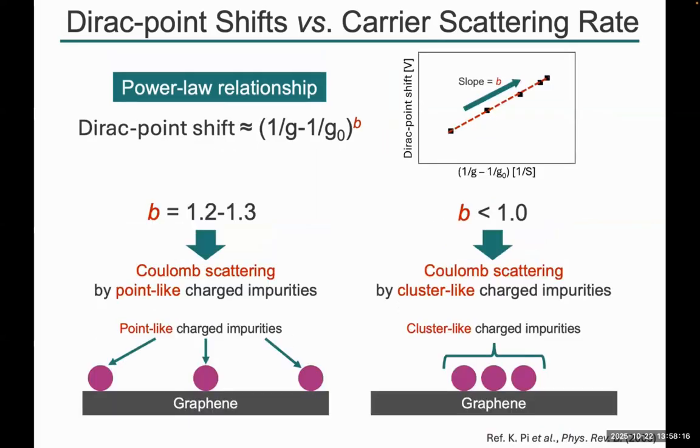According to previous studies, when B is equal to 1.2 or 1.3, it is defined as Coulomb scattering by point-like charge impurities on the graphene surface, like here. And when B is smaller than 1.0, it is defined as Coulomb scattering by cluster-like charge impurities, shown in this figure.